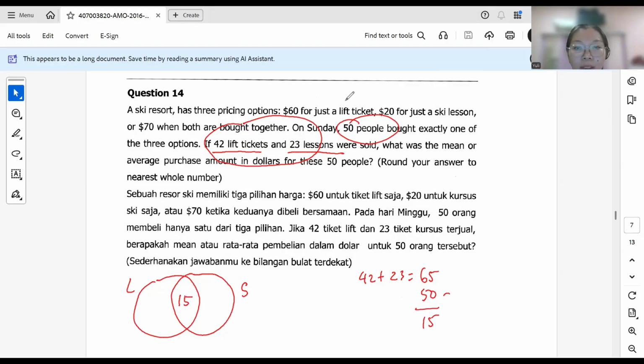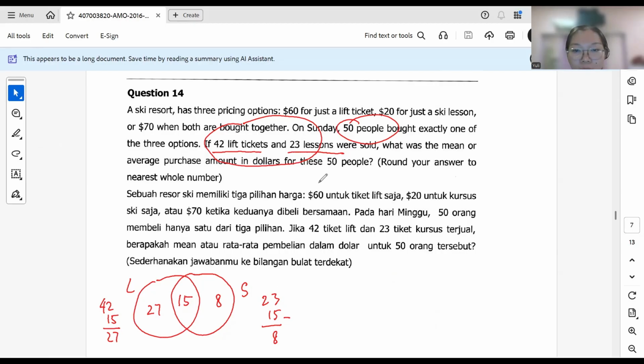So the only lift ticket, right? So 42 minus 15, 27. And for the ski lesson, there are 23, right? 23 minus 15, 8. And then we count everything to find the average.